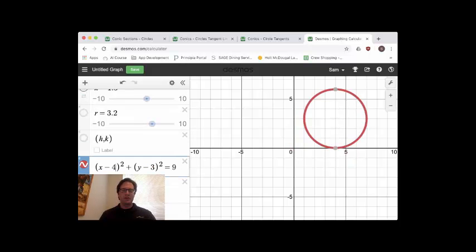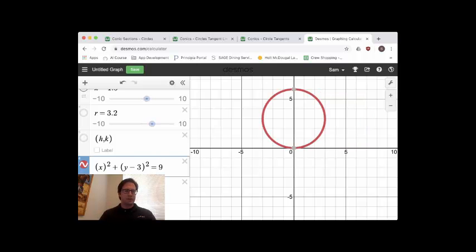So let me give you an example here. Let's now change this to, let's go ahead and turn this off. So +1, and then make this -5. So now the question is, where is the center of this circle? Our radius is still 3, but where is this circle centered?